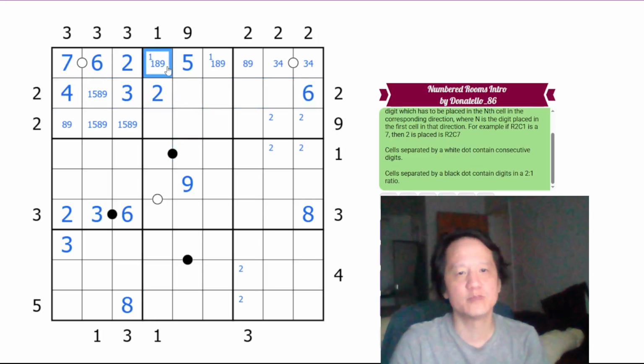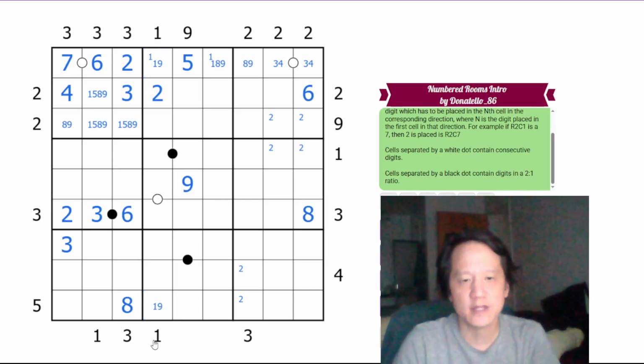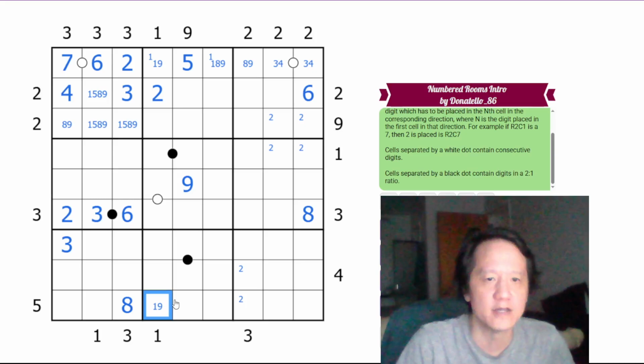So this must be 1, 9 adding up together to add up to 10, or 2, 8. Well, it cannot be 2 and 8, so this must be a 1, 9 pair because you can't have 2 in the column. So this is 1 or 9, this is 1 or 9. And they both could be 1 again, because 1 is the only digit that can be a numbered room clue outside, which could have a 1 in that spot.